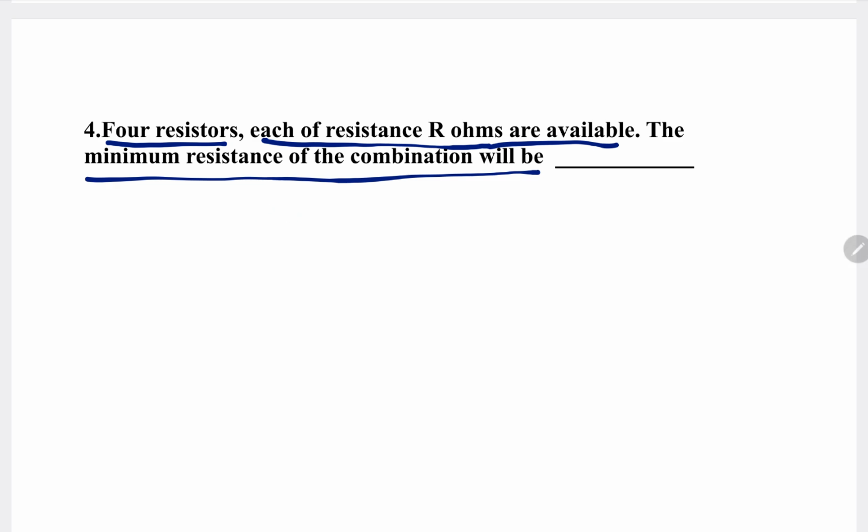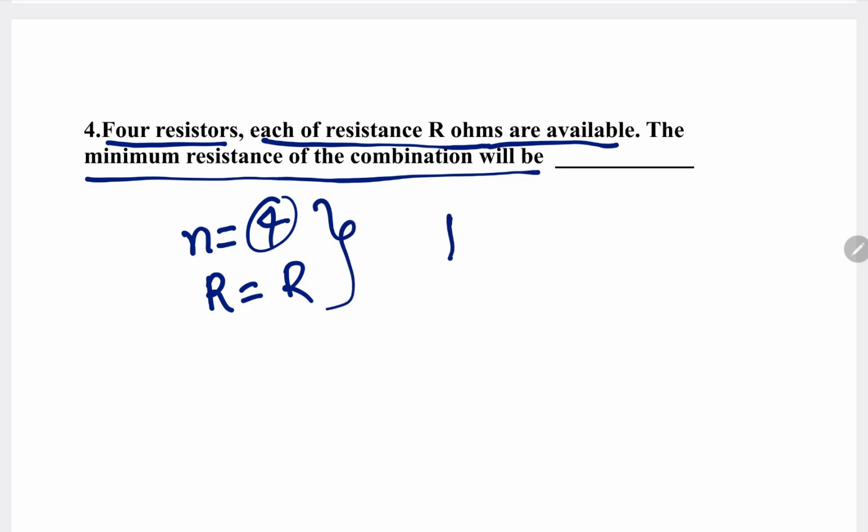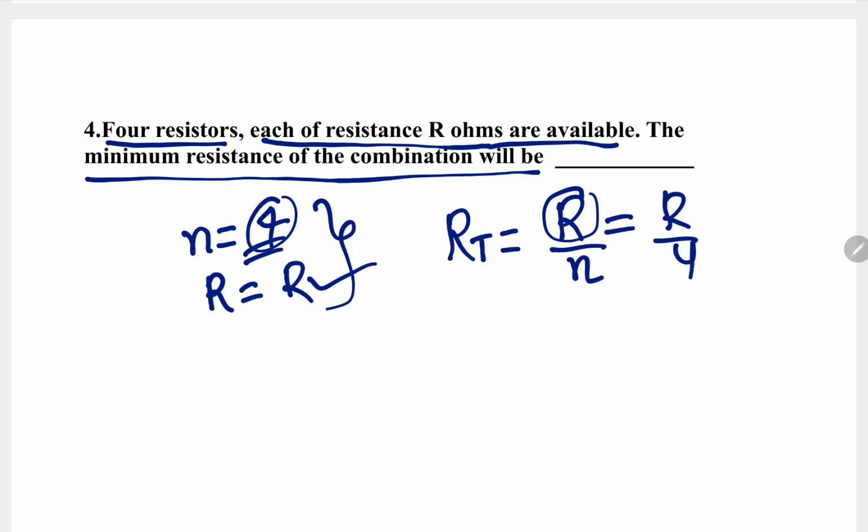So 4 resistors means N is equal to 4, and each resistance value is R. Then for parallel combination, we know the formula, total resistance is equal to R by N. So R is the value, and the number of resistors is 4. R by 4. The minimum resistance of the combination will be R by 4. So when will we get the minimum resistance? When all the resistors are connected in parallel, we will get the minimum resistance.